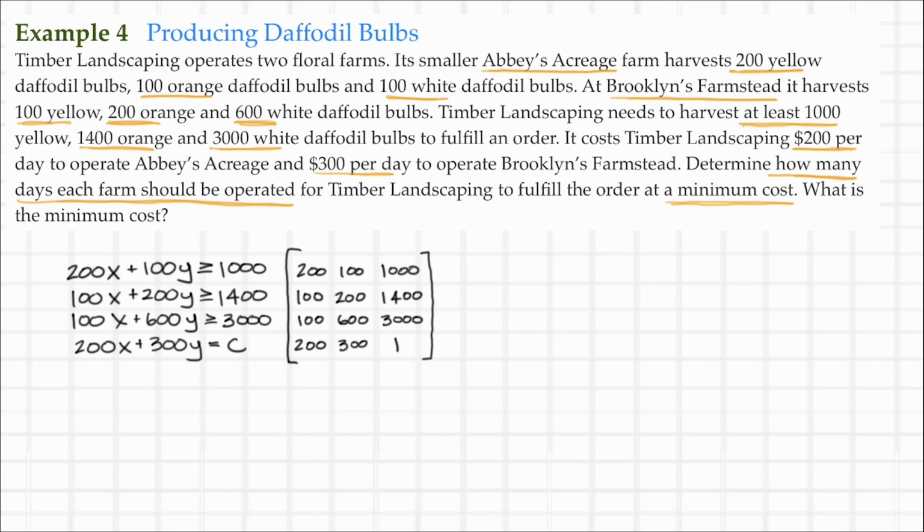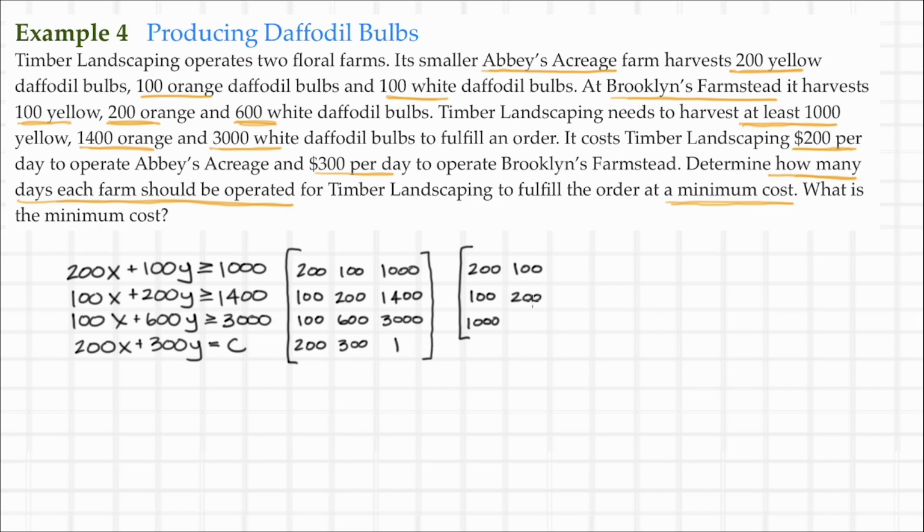Recall that the first row is going to be the first column of our transpose matrix, the second row will be the second column, and so on. So we'll go 200, 100, 1000. Then 100, 200, 1400.